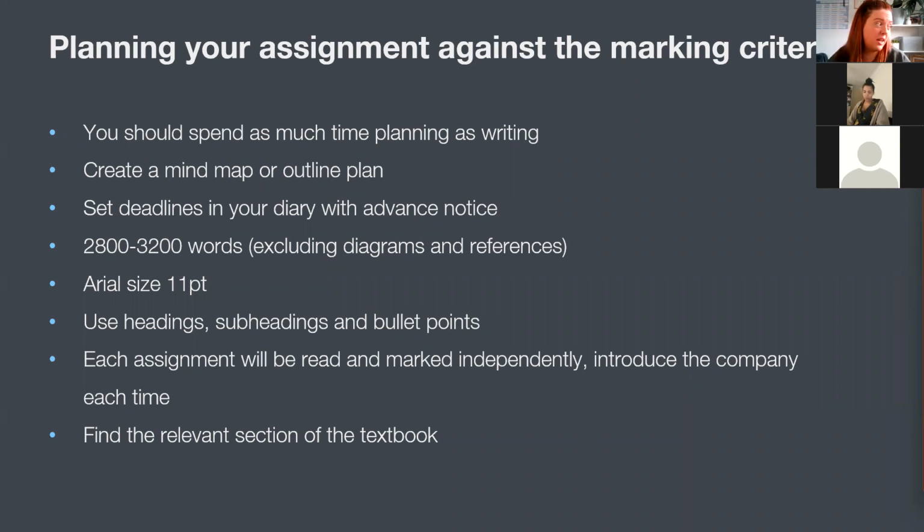That links in with the second point here, to create a mind map or outline plan. So a mind map can be useful if you've got a specific topic and write down everything that you think you want to talk about that topic. So just mind map it. Outline plan, so you might want to take your beginning, your middle, and your end and put bullet points.